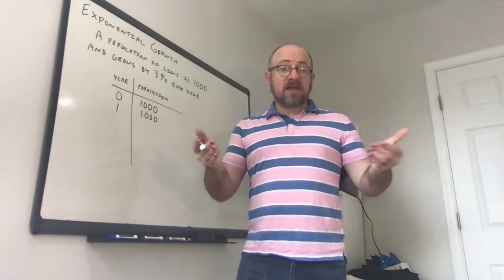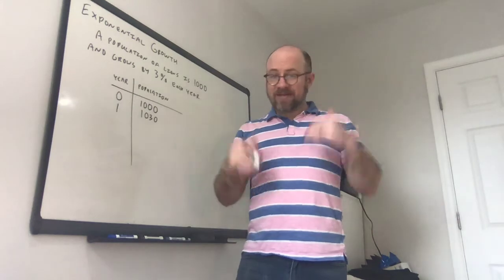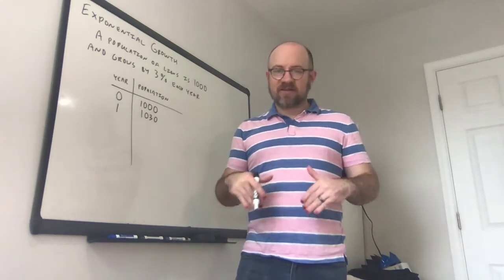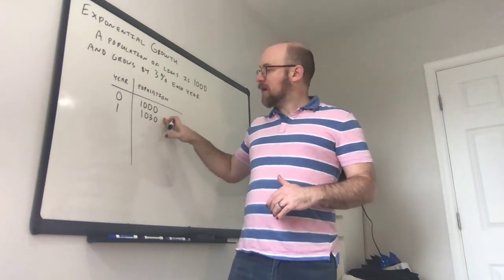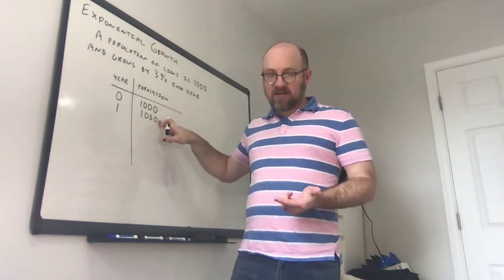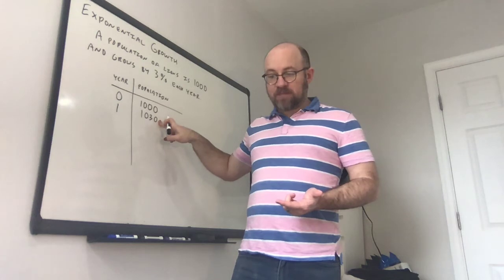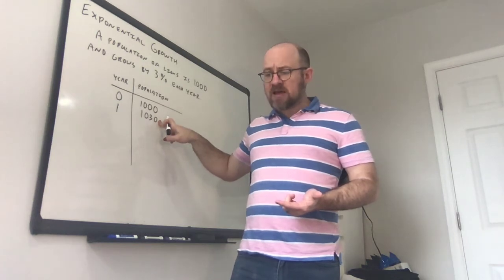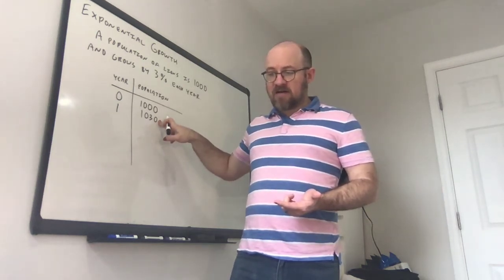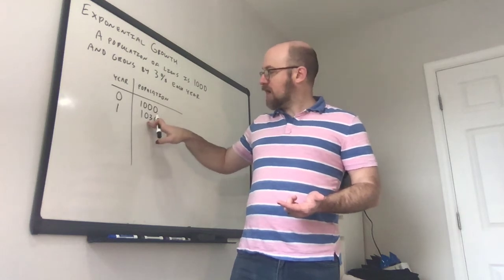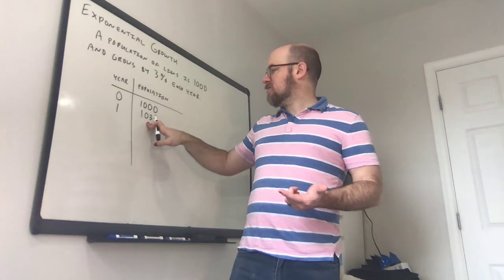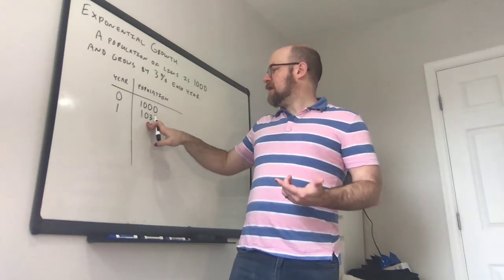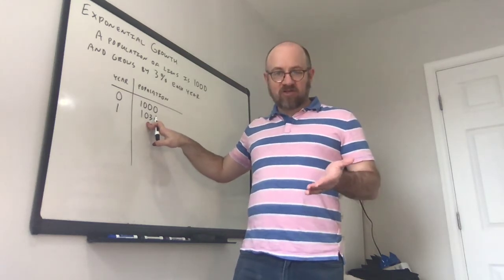Now, if this were linear growth, we would grow by 30 lions the next year, and 30 lions next year, right? But in exponential growth, we're going to grow by 3% of this new value, 1,030. If you take 3% of 1,030, you're going to get 30.9, so we're going to round up to 31.